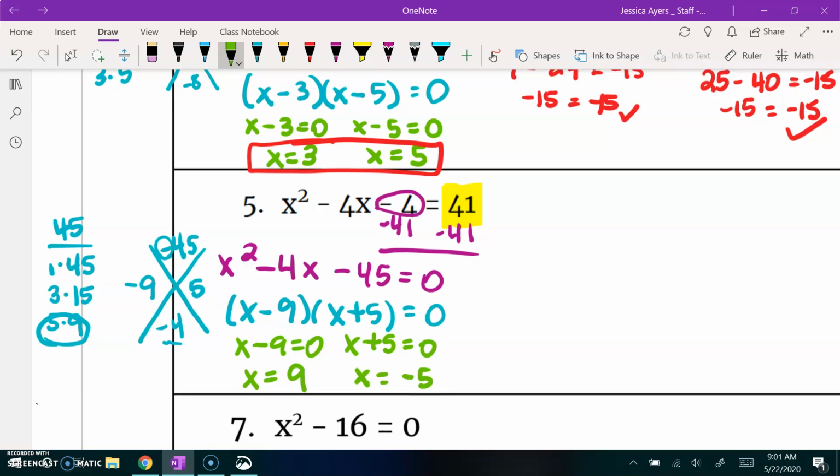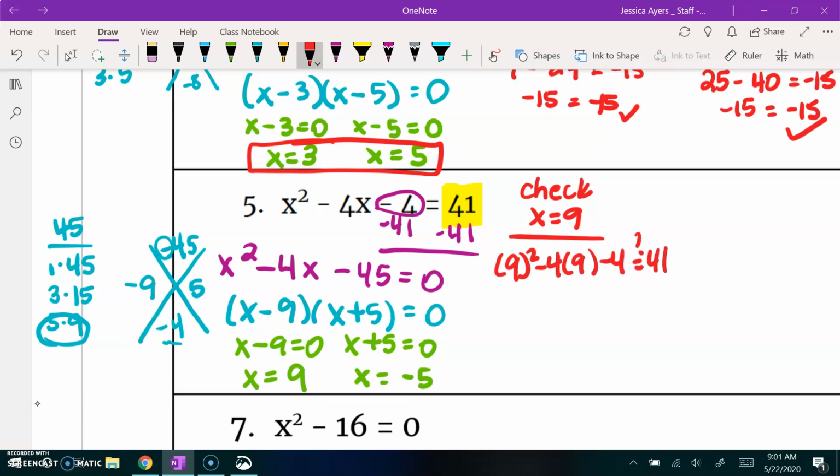Performing our check, we are going to check the original again. So we're going to first check x is equal to 9. We're going to have 9 squared minus 4 times 9 minus 4, and that's equal to 41, right? So we're going to see. 9 squared is 81. Minus 4 times 9 is 36.